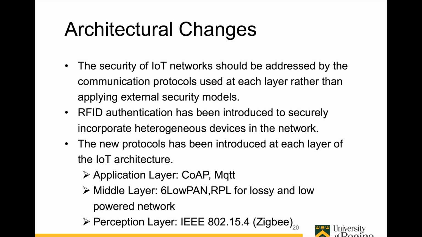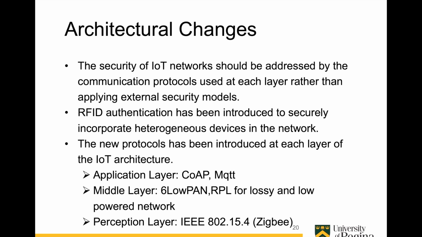To overcome the above mentioned challenges, a few changes are expected in the IoT architecture. The security of IoT networks should be addressed by the communication protocol used at each layer rather than applying external security methods.